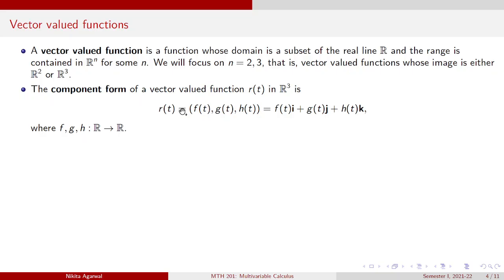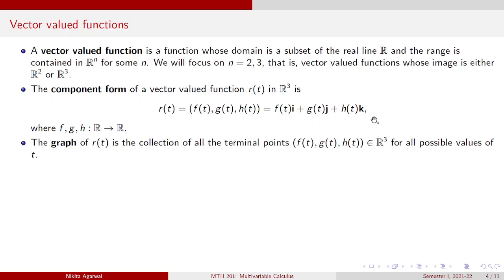I am not placing triangular brackets here; I am just putting it like this to signify it as a point in R3. And f, g and h are all functions from R to R, right? Because these are just the components, so they are real numbers for every real number t.